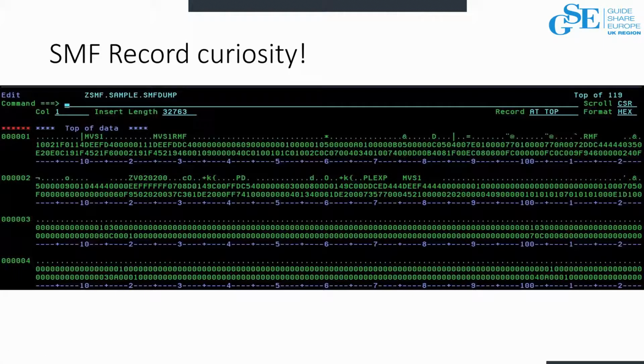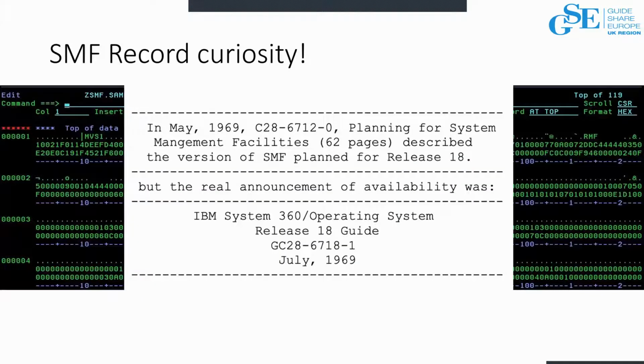Almost all of them are binary and you have to convert to decimal, or it's a date, or you need to do some calculation. So always you have to do something with the SMF fields. And this is a nice piece of information: the SMF records were created in 1969 with the System/360.